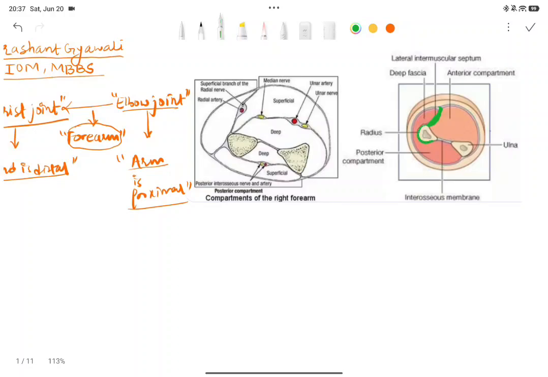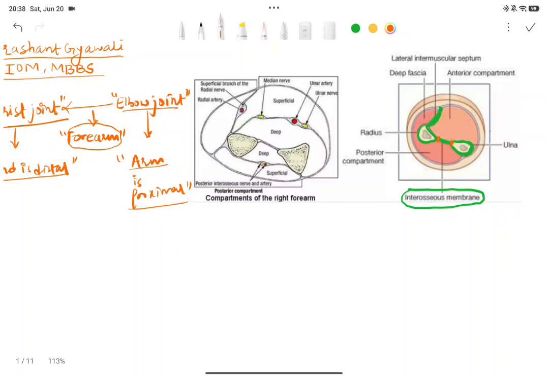The lateral bone of the forearm is known as the radius, and the medial bone is known as the ulna. Between the radius and ulna there is an intervening membrane known as the interosseous membrane, attached to the interosseous border of radius and the interosseous border of ulna.